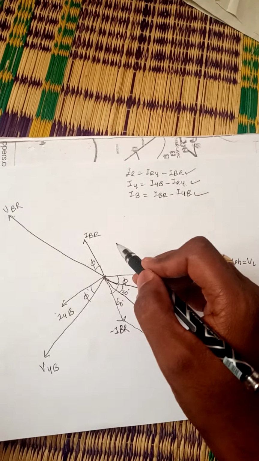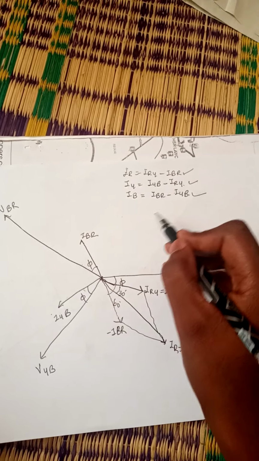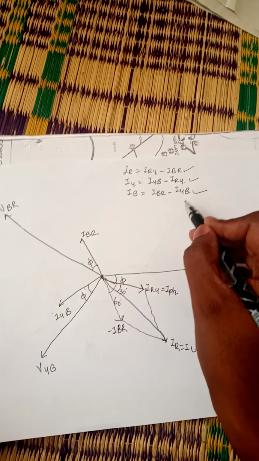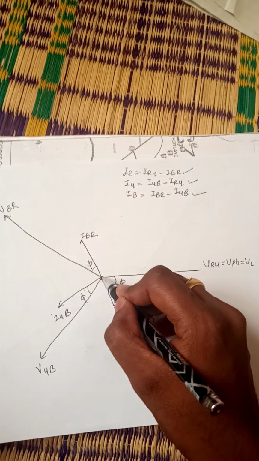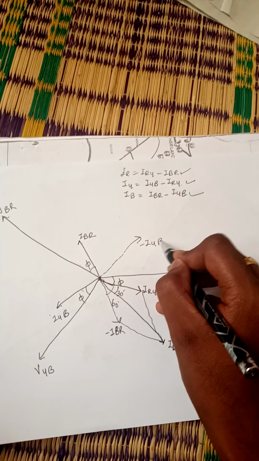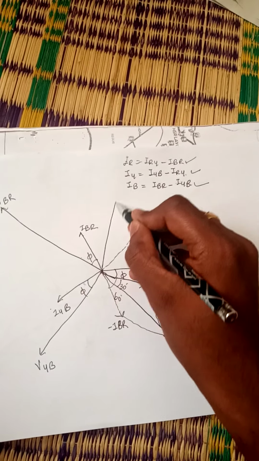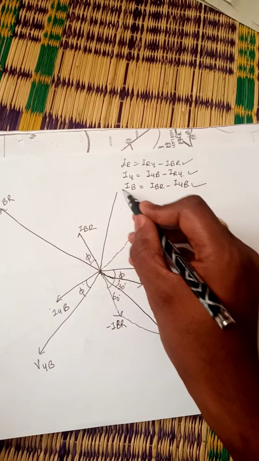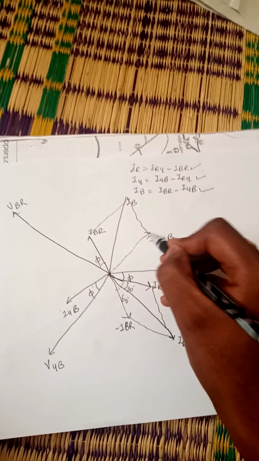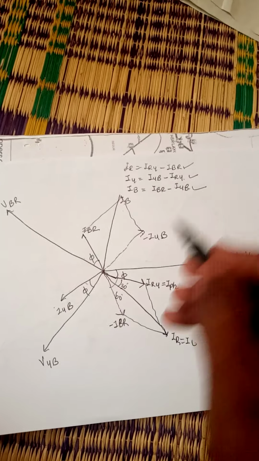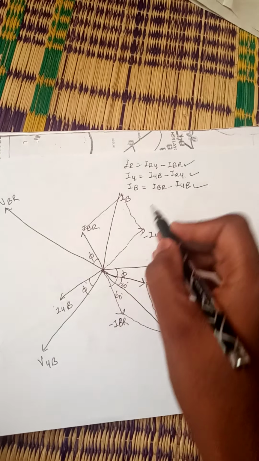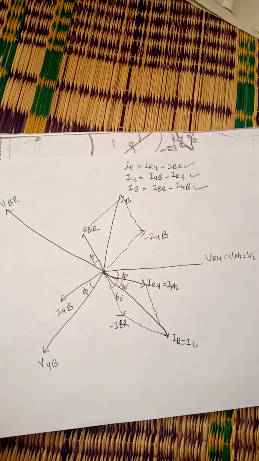In a similar manner you have to draw it for these two. Here you have IBR, you require minus IYB. Here you have plus IYB, you extend this one and you will get minus IYB. The resultant of these two vectors is IB, you join these two. In the similar manner, here you have IYB, you want minus IRY.